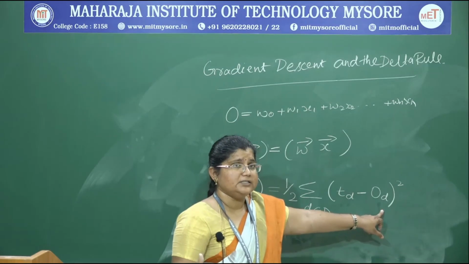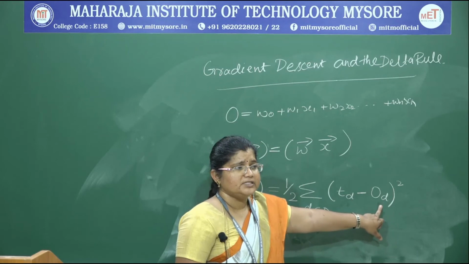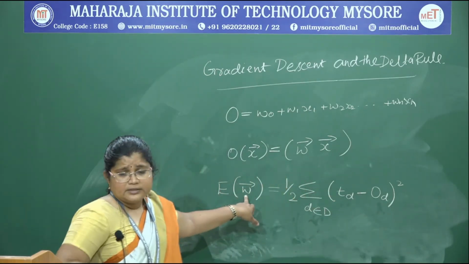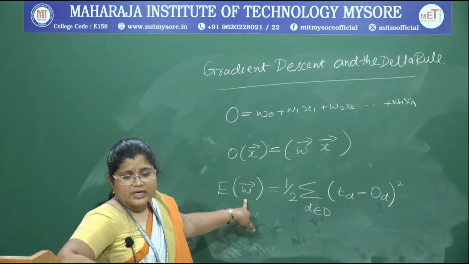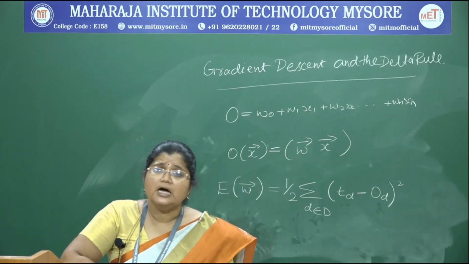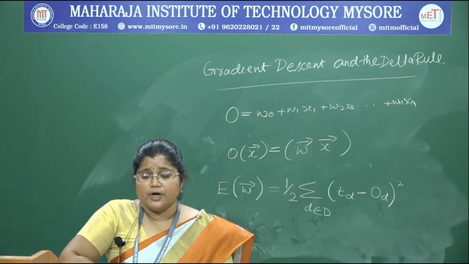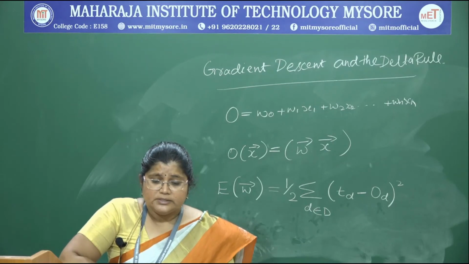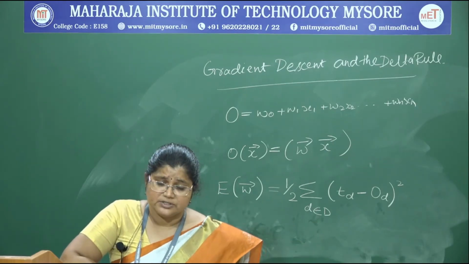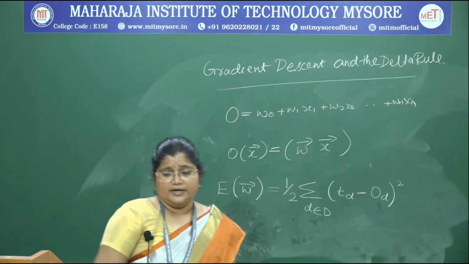For that particular training example, whatever output the perceptron provides is called od. Next, E(w vector) is simply half the squared difference between the target output td and the linear unit output od, summed over all the training examples. That is the way we find this error.